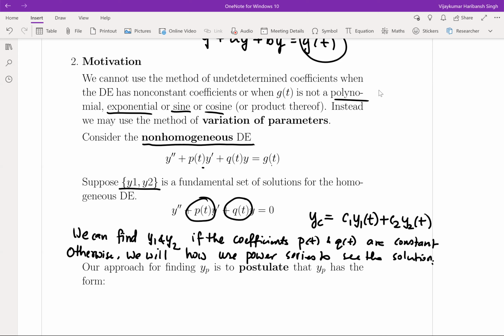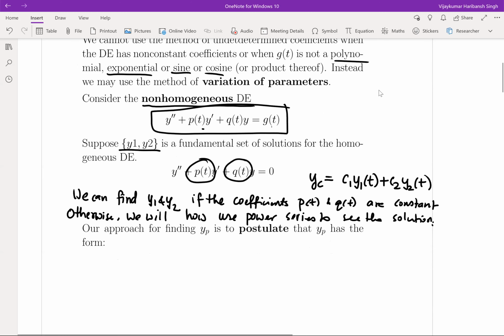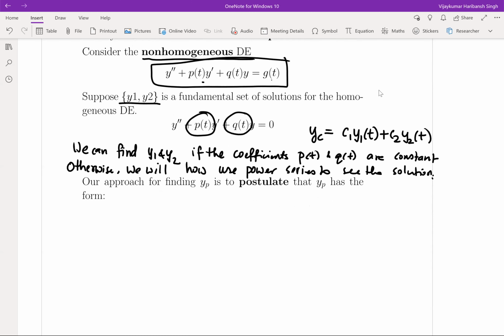So right now the premise is you have this second order non-homogeneous differential equation, and you are given the fundamental set of solutions. So let's see how we find yp.